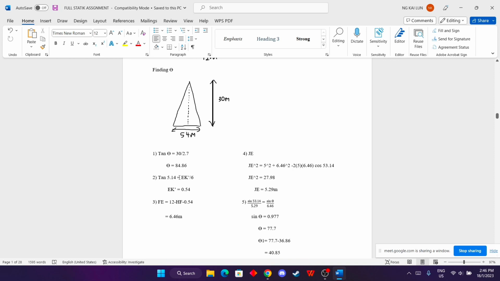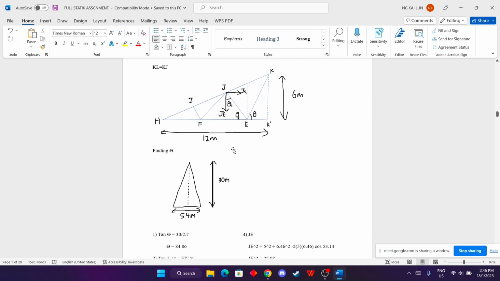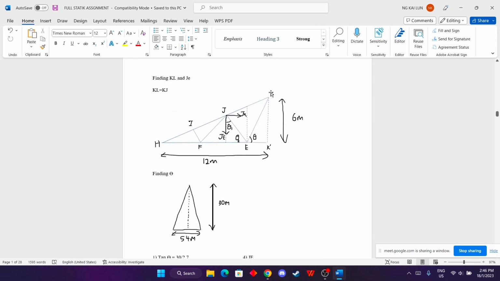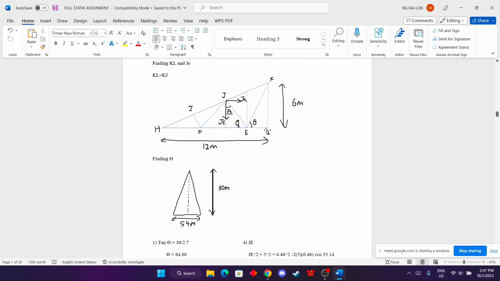So tangent 5.14 equals EK divided by 6. From here, I can safely assume that the point here, K prime, is the marking that I created, I'm sorry. So EK divided by 6, tangent theta equals EK divided by 6.